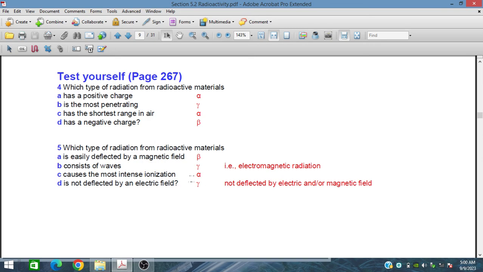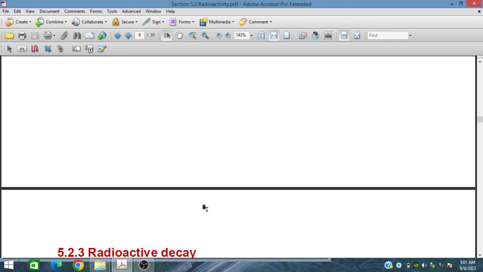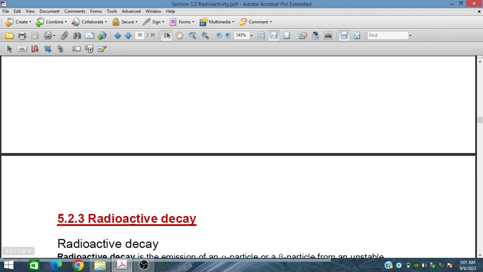Even a thick sheet of paper can stop alpha particles, and they cannot even pass through the dead skin of our body. Gamma is not deflected, because it is undeflected by electric as well as magnetic fields. In the next session we will discuss radioactive decay.